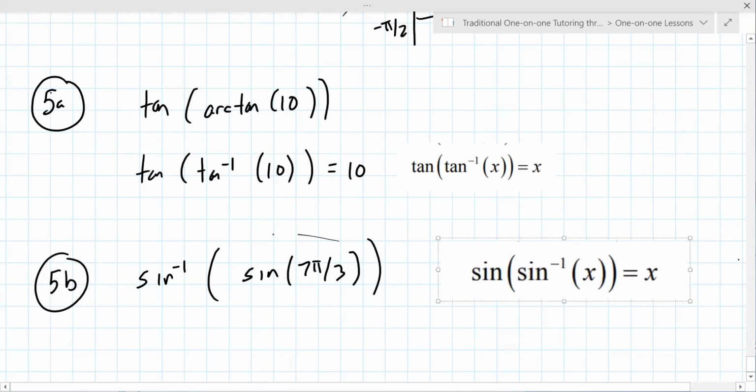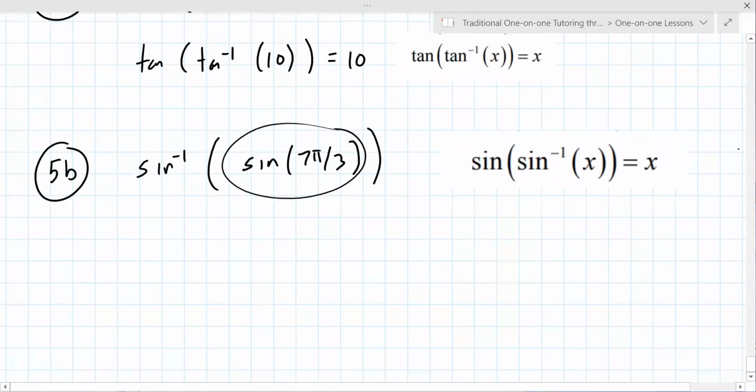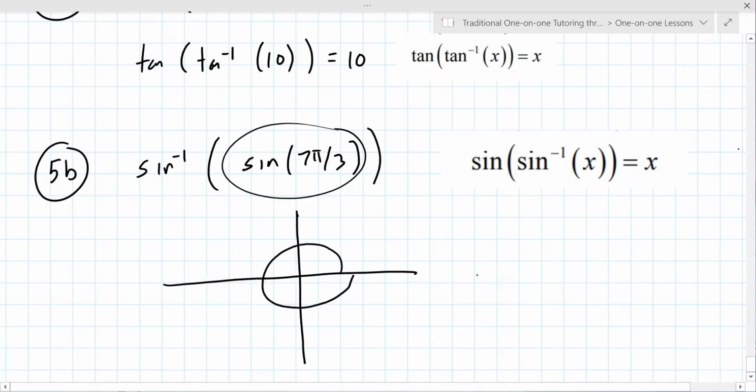The order is slightly different. If you get this on the test, it'd be very common to not pay attention to that small difference. So on your unit circle, where is 7 pi over 3? You go all the way around, that's 2 pi or 6 pi over 3, and then one more pi over 3 gets you to 7 pi over 3. So that gets you right there.